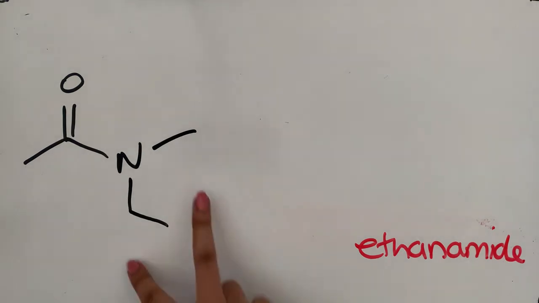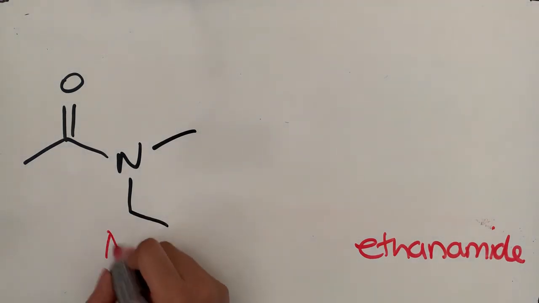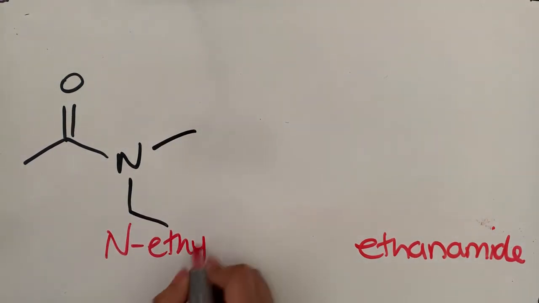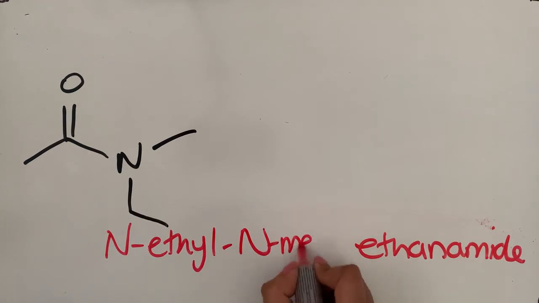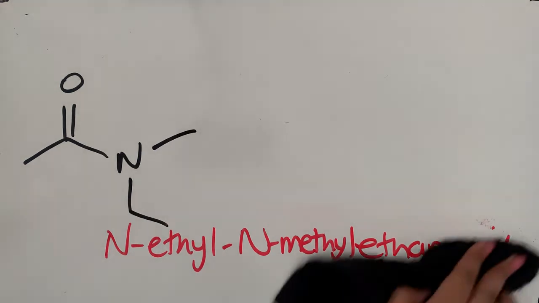But now we've got 2 groups coming off the nitrogen. We've got an ethyl and we've got a methyl. They will go alphabetically, so therefore the name is N-ethyl, N-methyl ethanamide, like that. It is similar to how we name amines in terms of the branches.